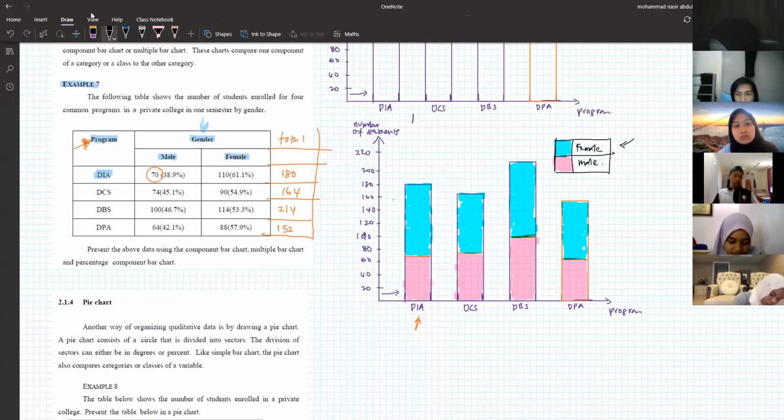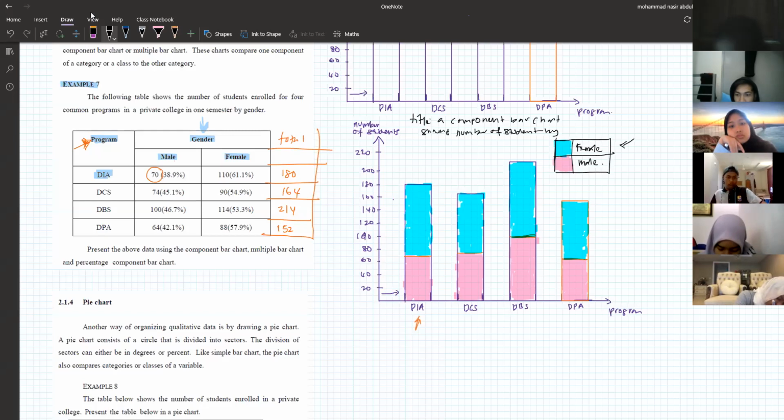Now the title should be a component bar chart showing number of students by program according to gender, right?